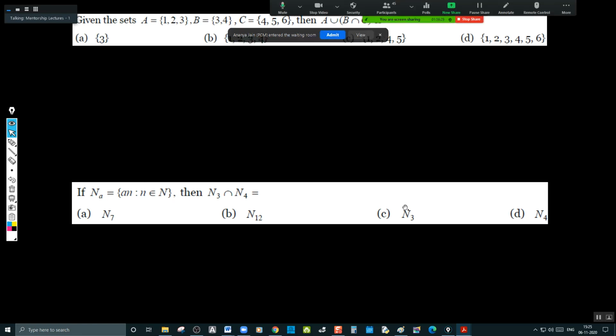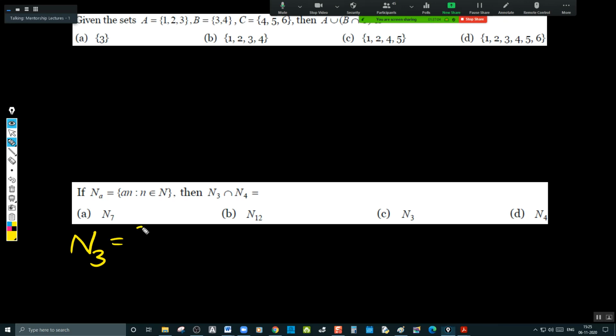This is An is n belongs to N. N3 intersection N4. Let me write that. It is going to be NA. NA means suffix 3 here.